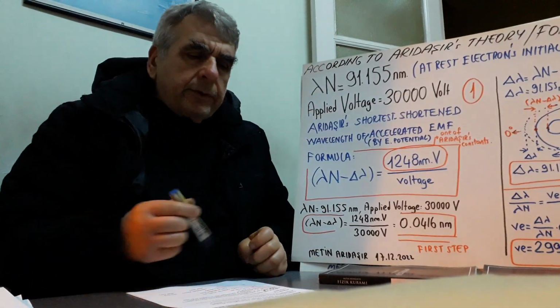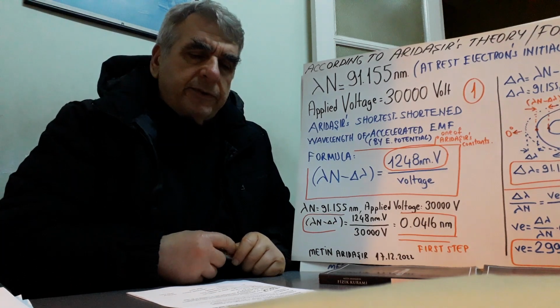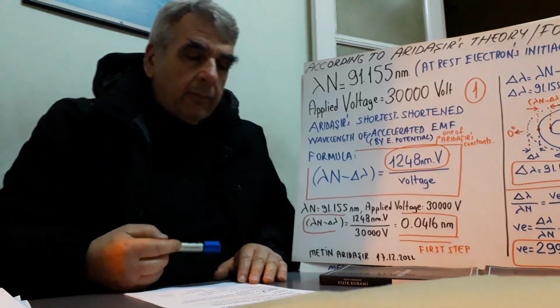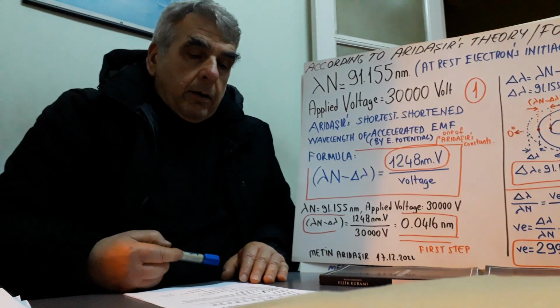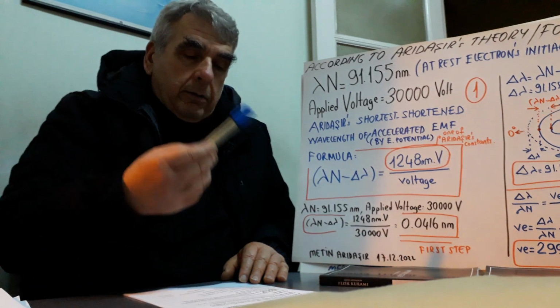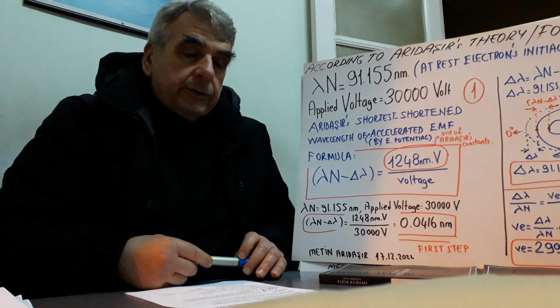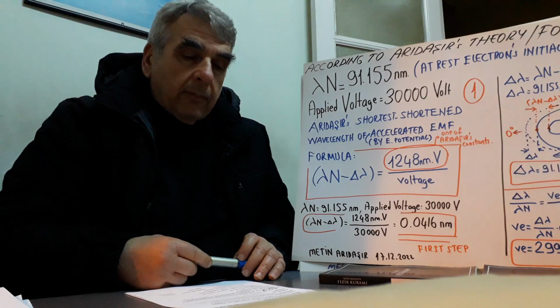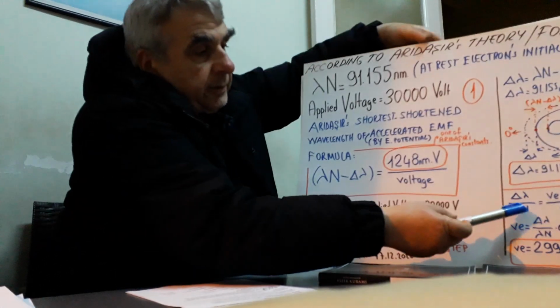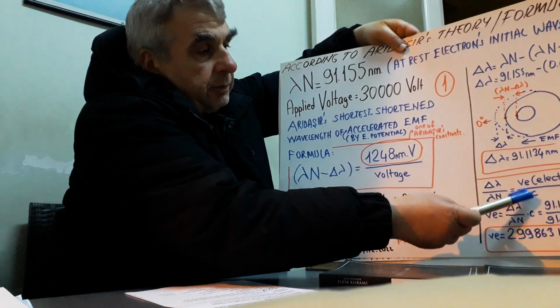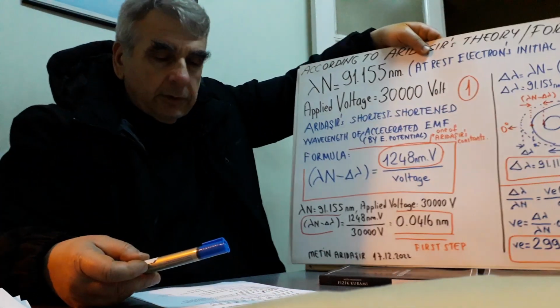The second step is for determining electron velocity from this real relation between lambda normal, delta lambda, speed of light and the velocity of the source of the electron motion form. Delta lambda divided by lambda normal is equal to electron motion form velocity divided by c.